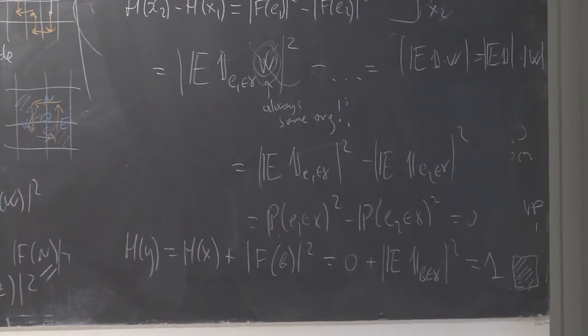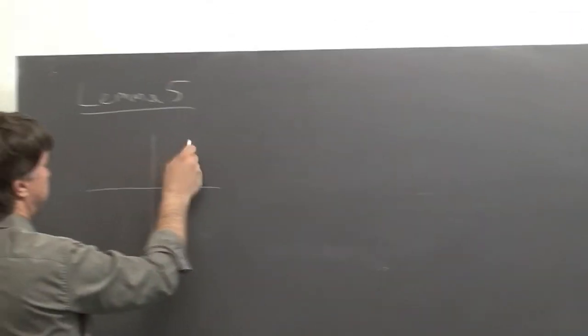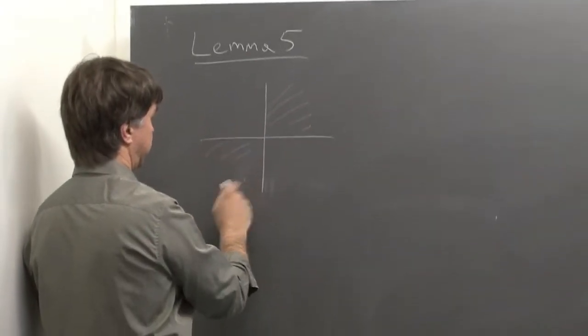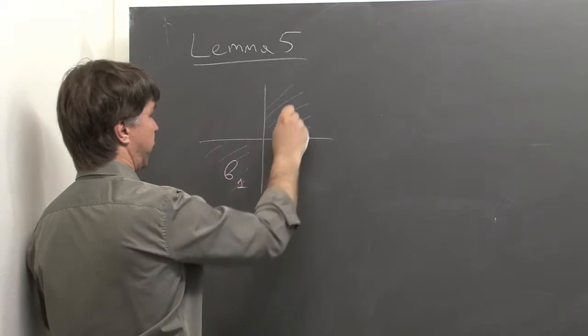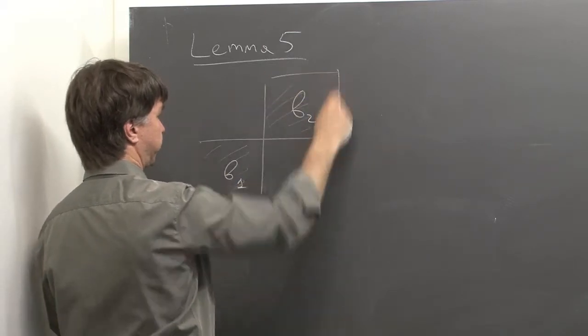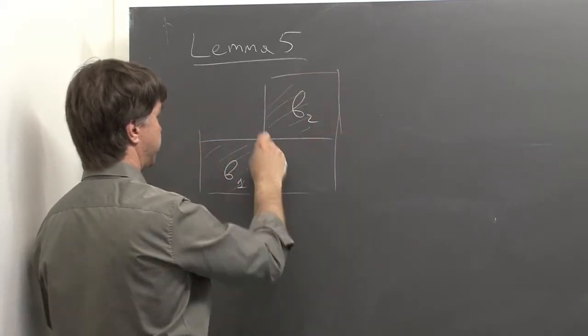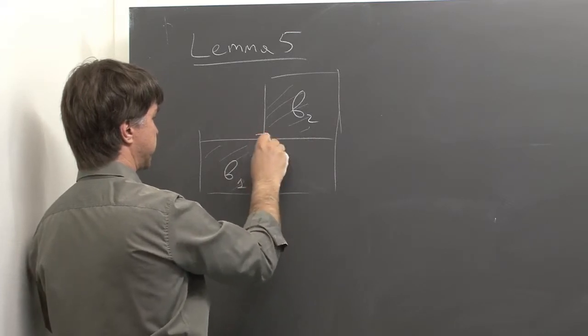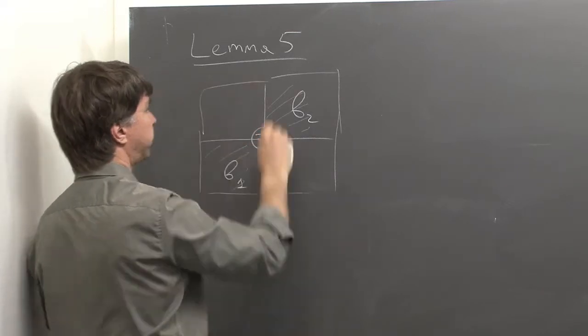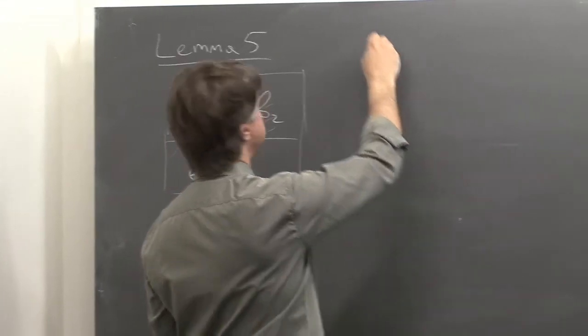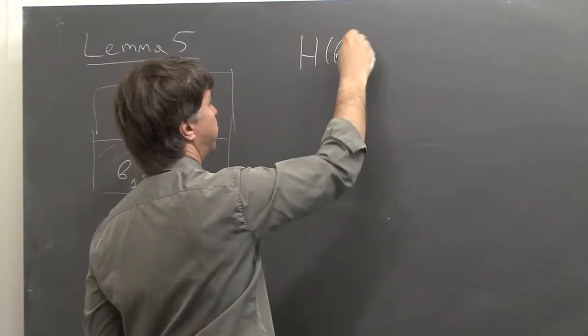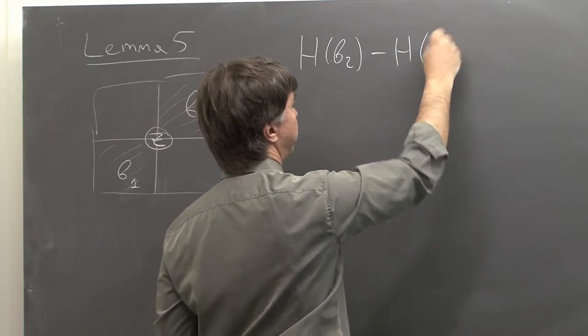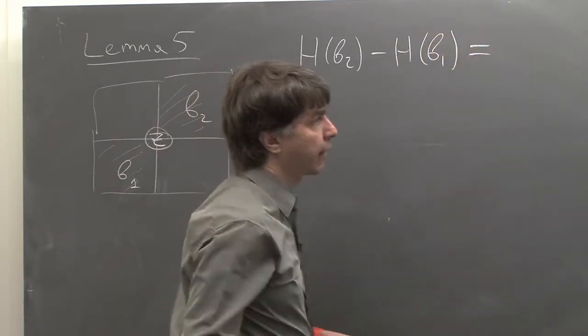So if we have two neighboring points which are of the same color, let's say black, B1 and B2, and then there is this vertex Z, then what I want to say is that h of B2 minus h of B1 should really be the imaginary part of the integral of f squared.